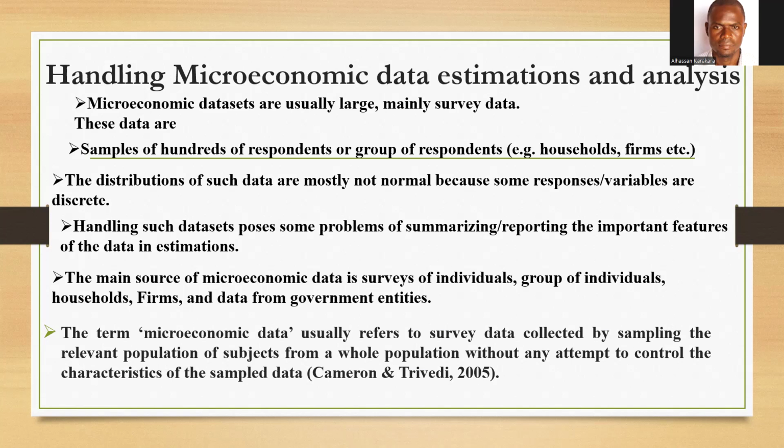It means that whatever you sample out of a whole population without manipulating the characteristics of the sample data, at the end of the day, your estimations and your results could be generalized to the population of the study.